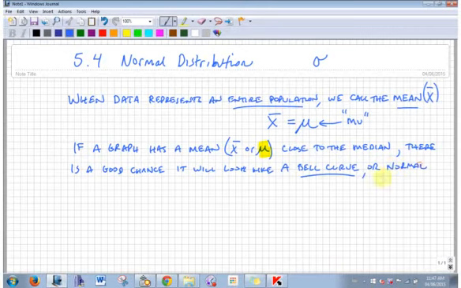A normal distribution, which is the title of today's lesson, boys and girls.